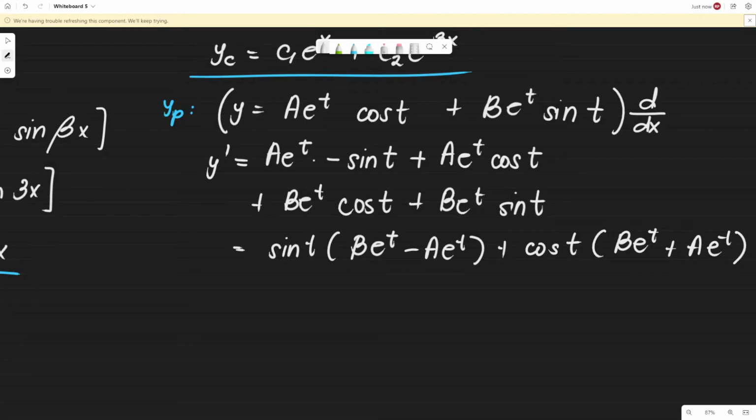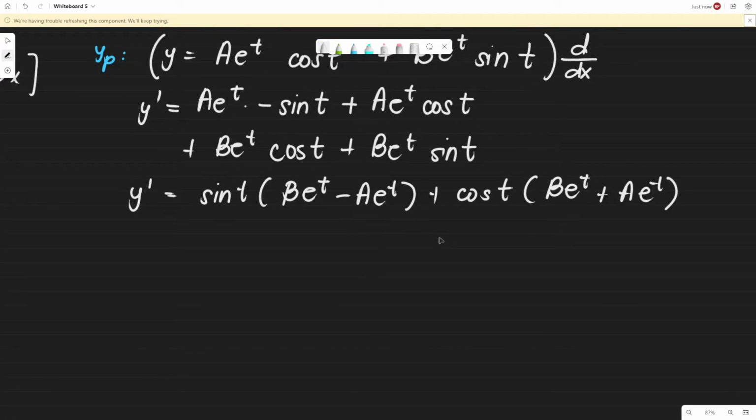Okay, then, ito na yung ating naka-arrange na y prime.